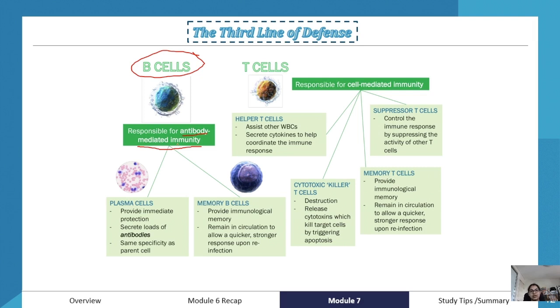What does that mean? So let me just take one step back. Every cell has antigens on it. Antigens are basically these signs on the surface of the cell, these little receptors on the surface of the cell that tell the body that either these cells are foreign.